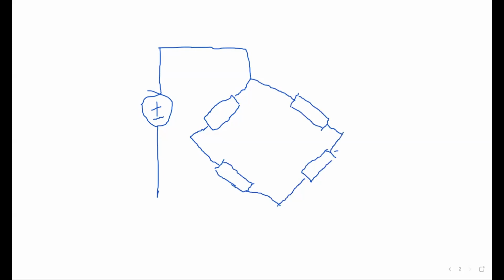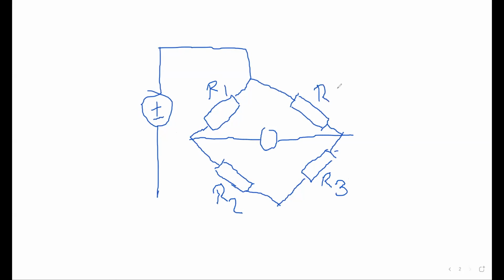Okay, I'm drawing. And you will fit a null detector in the middle. Here I'm writing all the resistances. This is R1, this is R2, this is R3, and this one is R4.